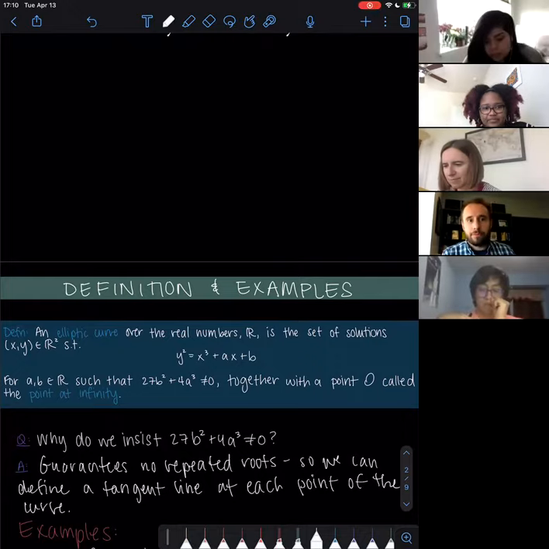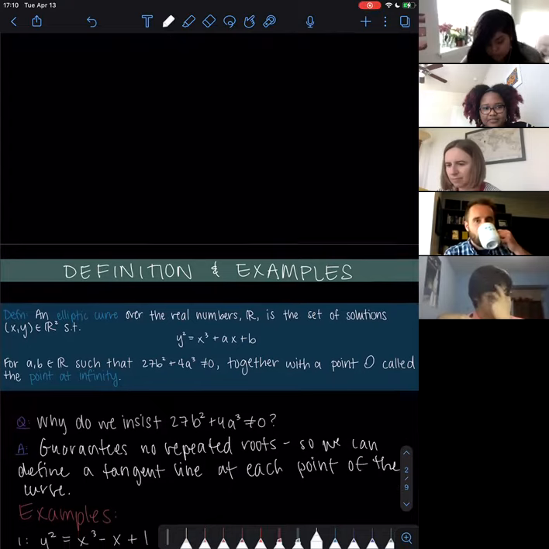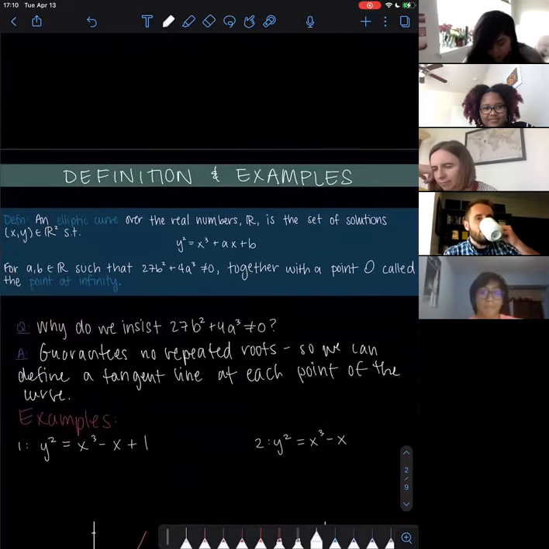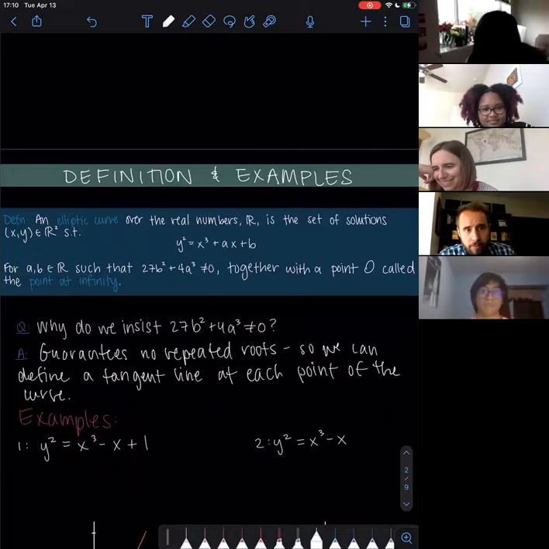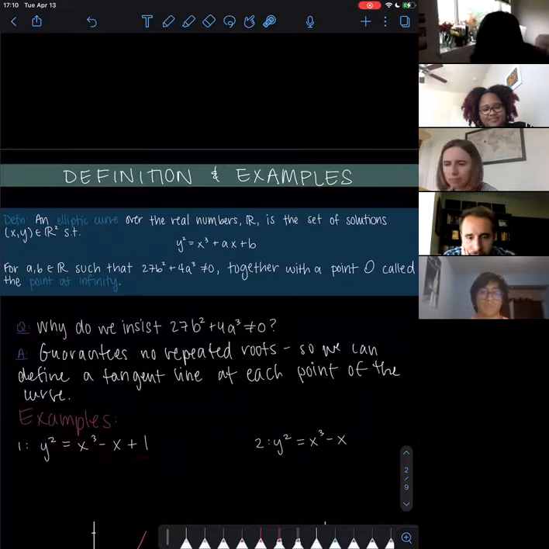So let's start with some examples. We have these equations here. The first one, y squared equals x cubed minus x plus 1, where here a is negative 1 and b is 1. So we can calculate that this expression does not equal 0. And for our second equation, we have y squared equals x cubed minus x.